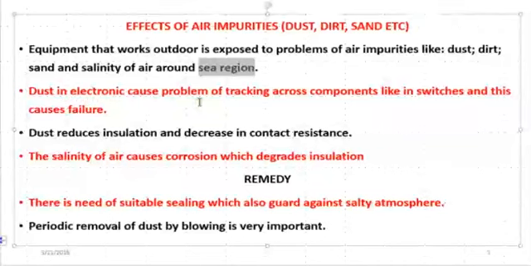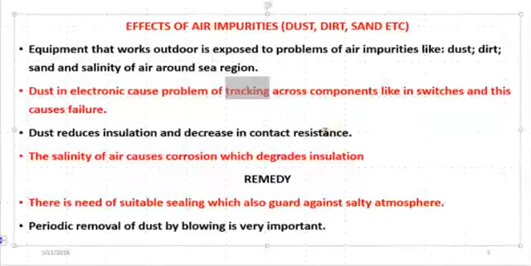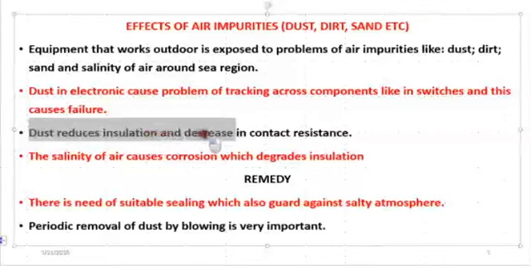So this dust in electrical or electronic components causes a trouble of tracking. What we mean by tracking is creating a connection, a path between one component and the next. And these components, ideally they are not supposed to be connected; by connecting them, failure can happen. And also, the presence of dust in those electronic components reduces the insulation.